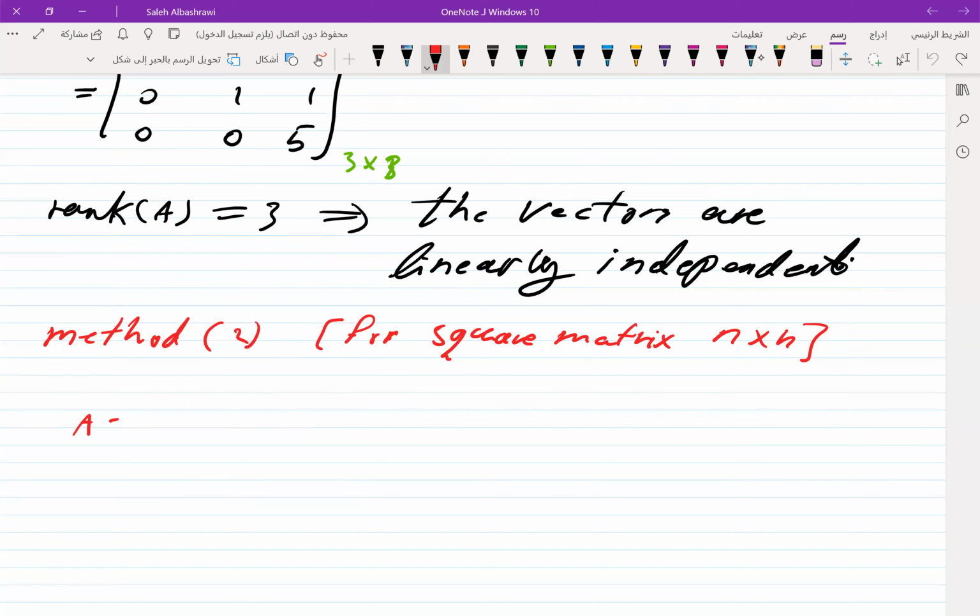I have A given by 1, 2, 3, 1, 0, 1, and 1 minus 5, minus 1 and 5.